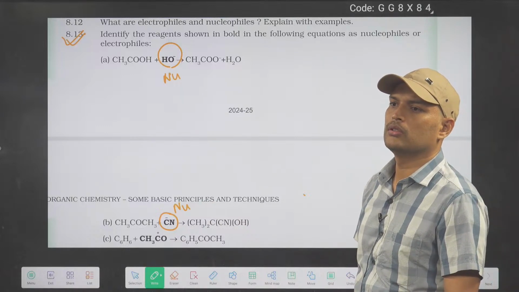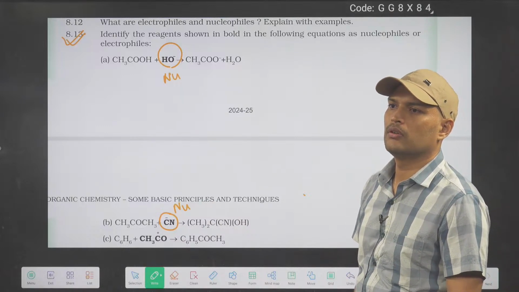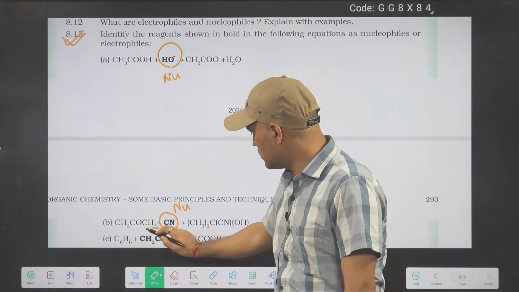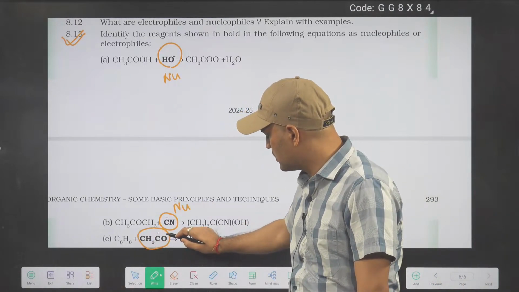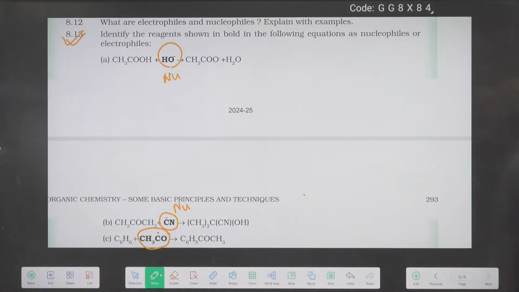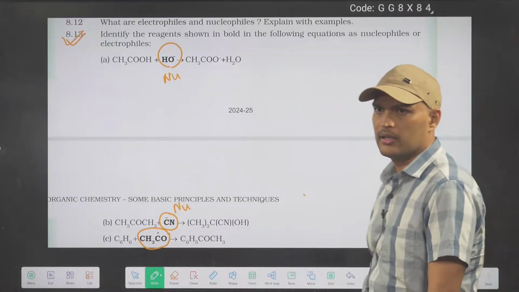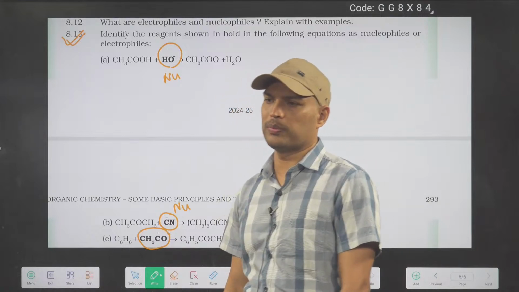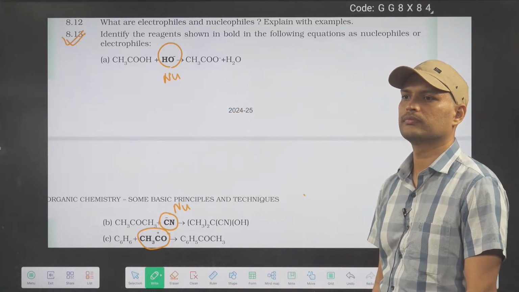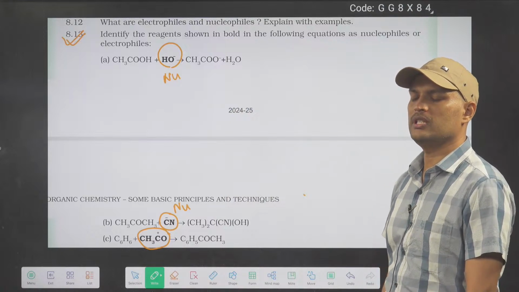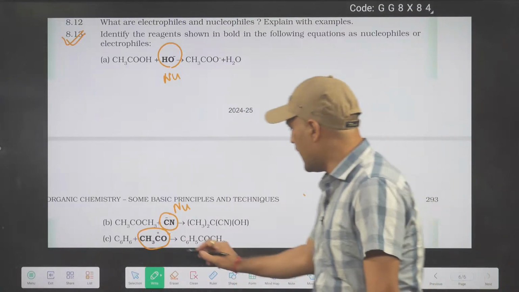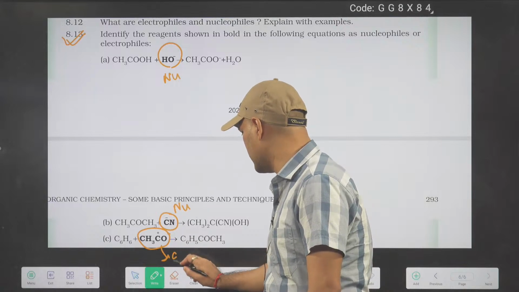Vallabh, don't take those examples. CH3CO plus, what is this? This is an electrophile. Correct.